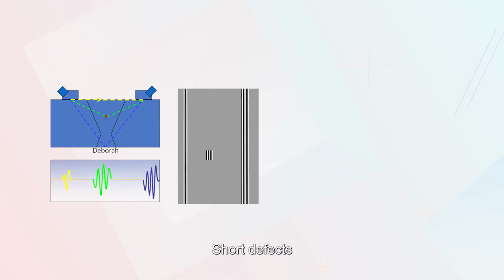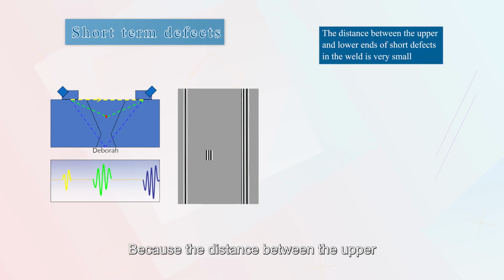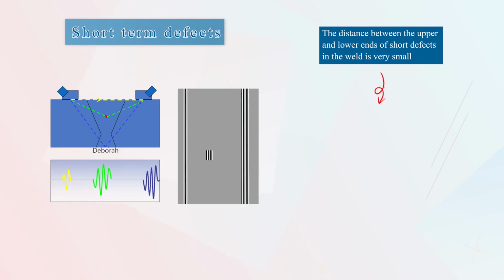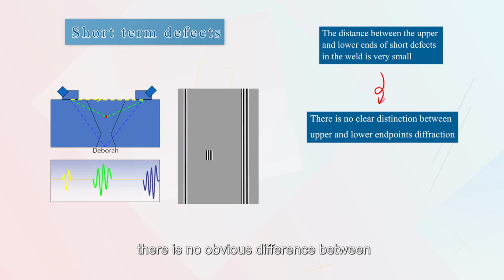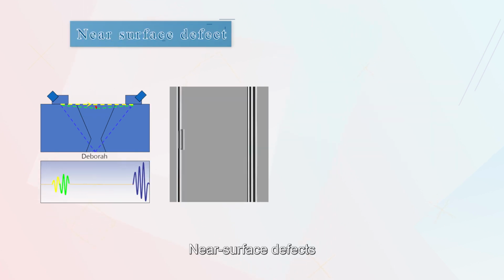3. Short defects. Because the distance between the upper and lower endpoints of short defects in the field is very small, there is no obvious difference between the upper and lower endpoints of diffraction, and a very obvious irregular multiple oscillation signal will appear on the display screen. 4.